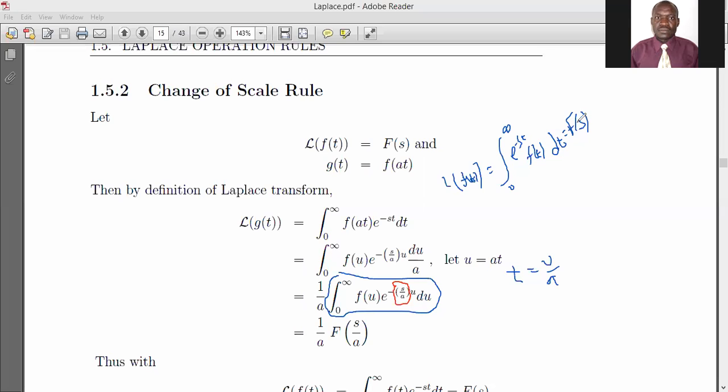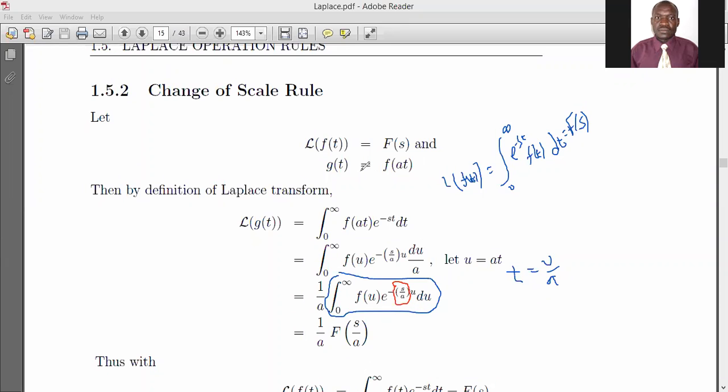So here we would refer to this as F of S. So since this is now S over A, it is now 1 over A. So the whole of this integral by definition is F of S. So instead of this being F of S, since we have rescaled, this becomes F of S over A. Okay. I think that is now very obvious.